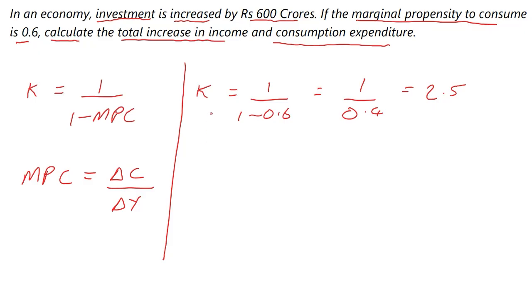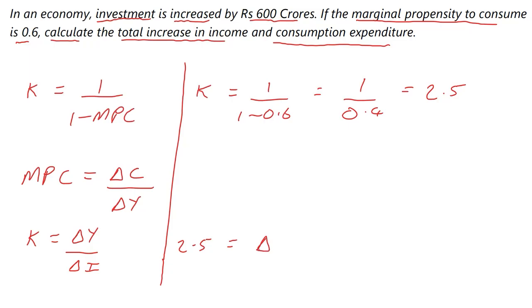Now if I want to know the total increase in income, the change in income is going to be based on one more formula for the multiplier, which is change in income upon change in investment. I know that K is 2.5.